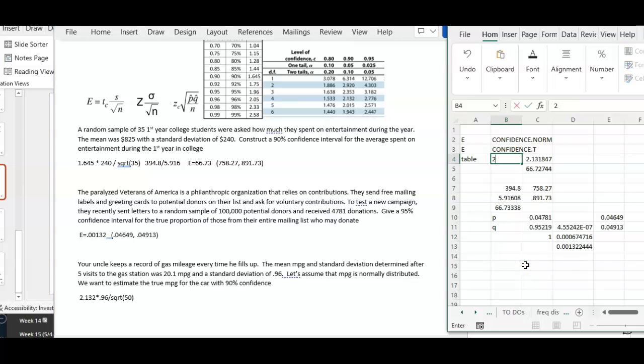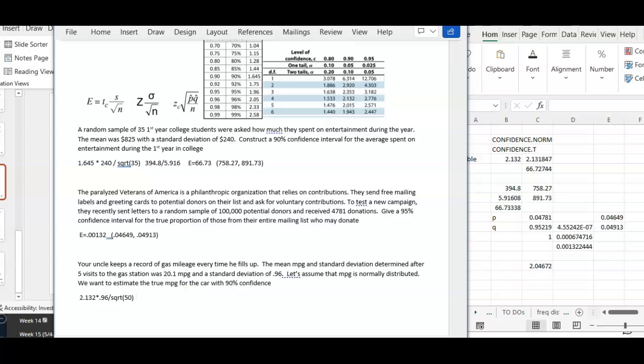So let's do equals 2.132 times 0.96, and what do I get? I get 2.047, we'll round it to 3 decimal places, and we're going to divide all of that by the square root of 5, not 50.